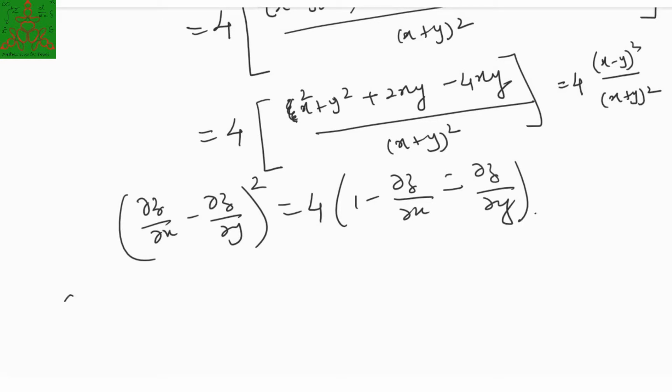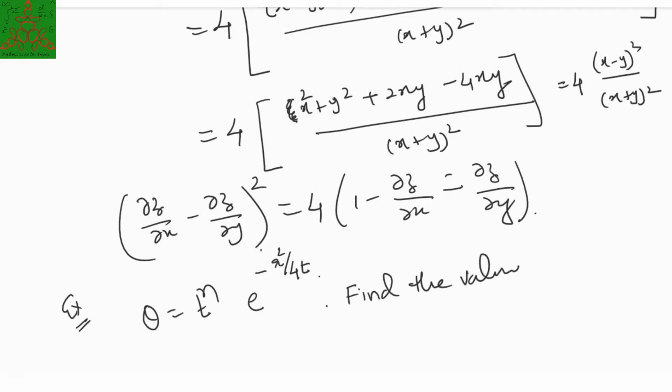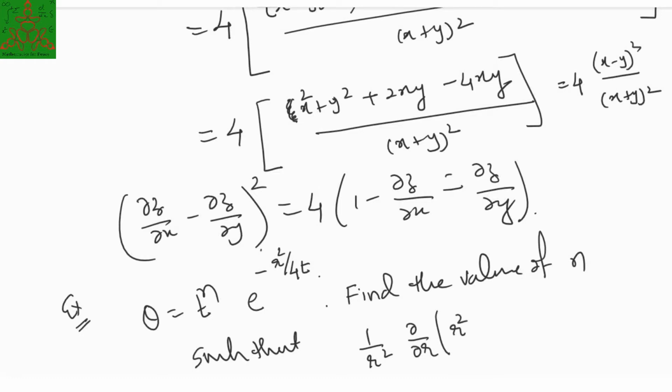Now let's have another example. Suppose you are given theta is equal to t power n e power minus r square upon 4t. The question is to find the value of n such that 1 upon r square del by del r of r square into del theta by del r equals del theta by del t.